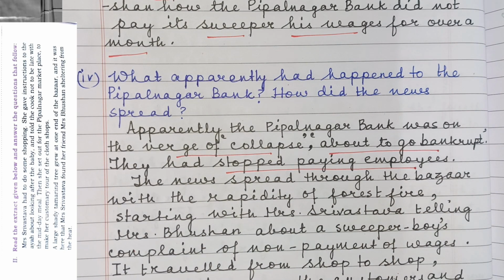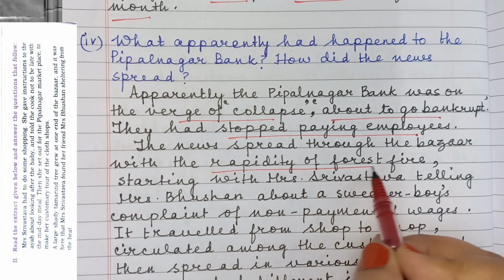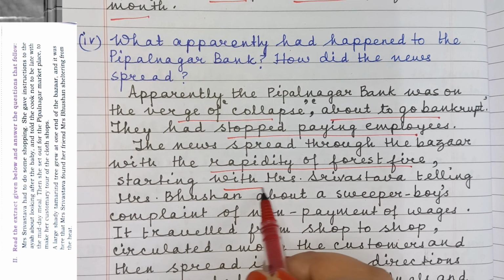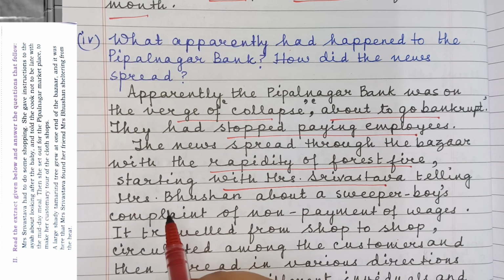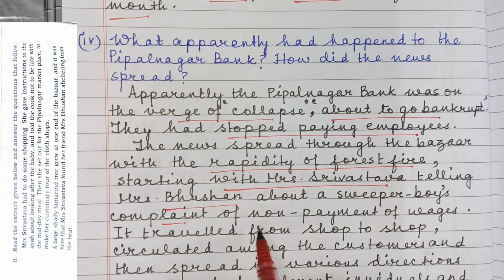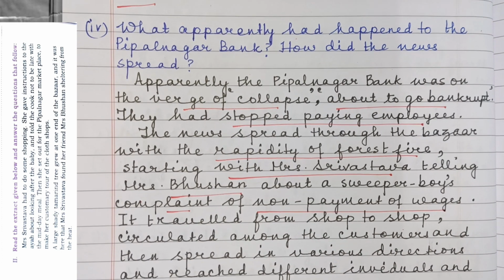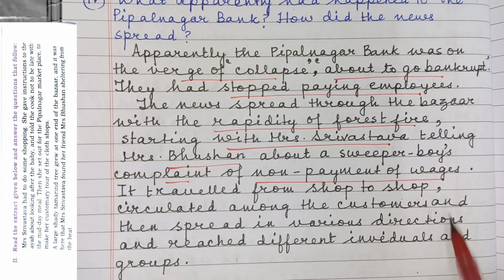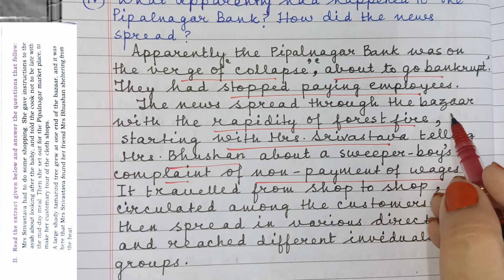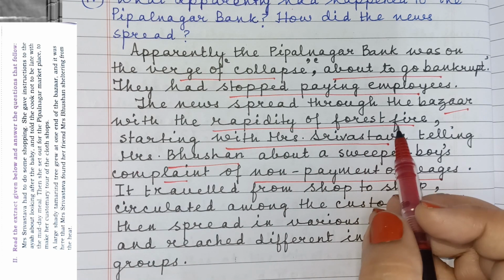How did the news spread? The news spread through the bazaar with the rapidity of forest fire, starting with Mrs. Srivastava telling Mrs. Bhushan about a sweeper boy's complaint of non-payment of wages, a very specific answer. It spread through the bazaar. How did it spread? Through the bazaar. कैसे? Very quickly with the rapidity of forest fire.